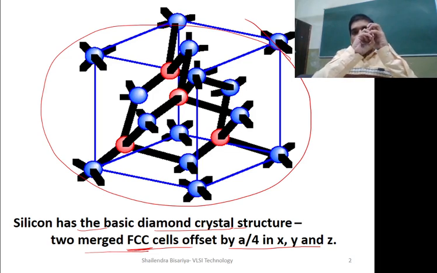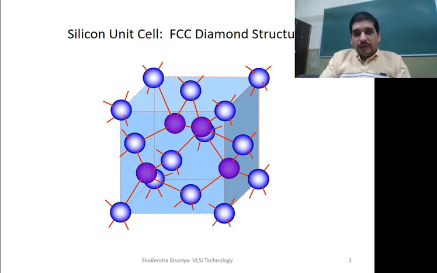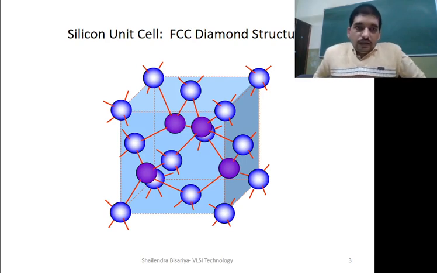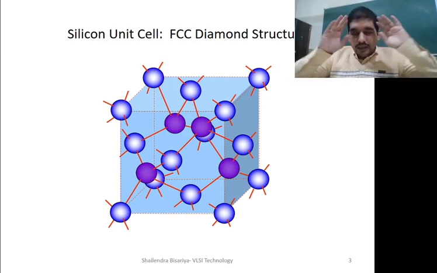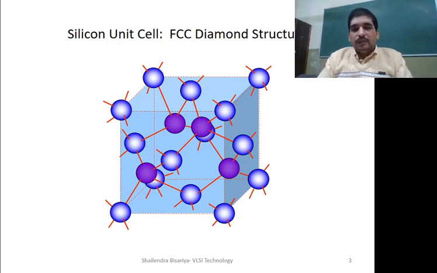And this is what, in cubical form, you can see here in the slide, how atoms are arranged in the lattice. You can visualize again with the help of one more diagram. FCC diamond structure. I hope this diagram will help you in visualizing how atoms are arranged into the cubical structure. Face centered cubic diamond structure.